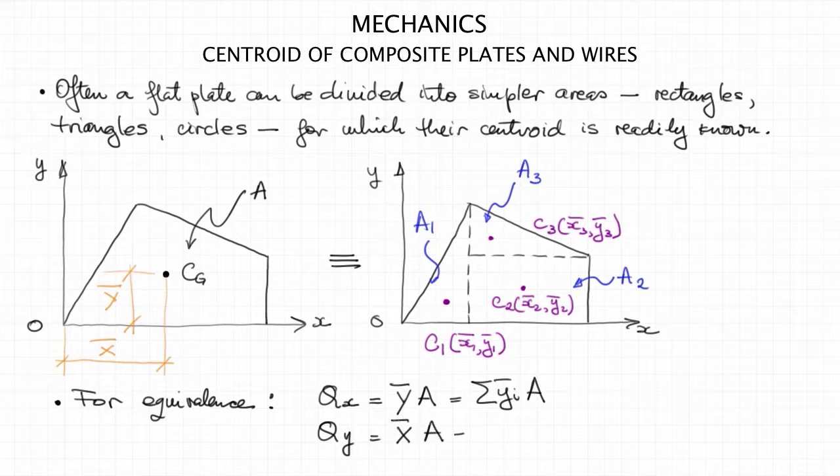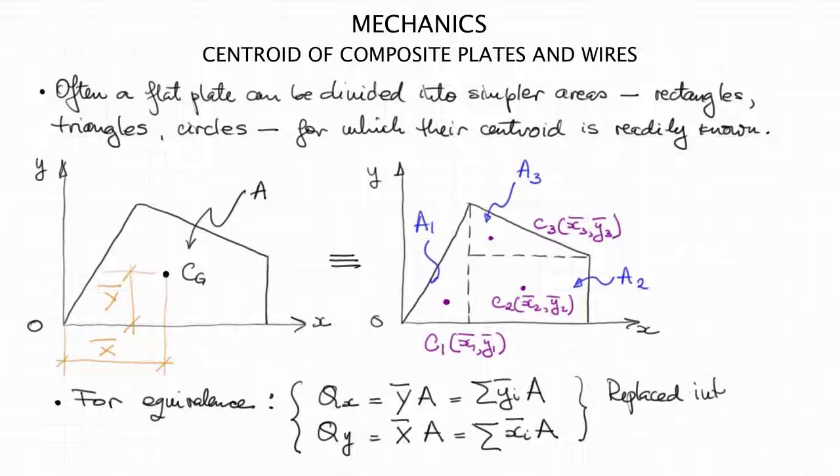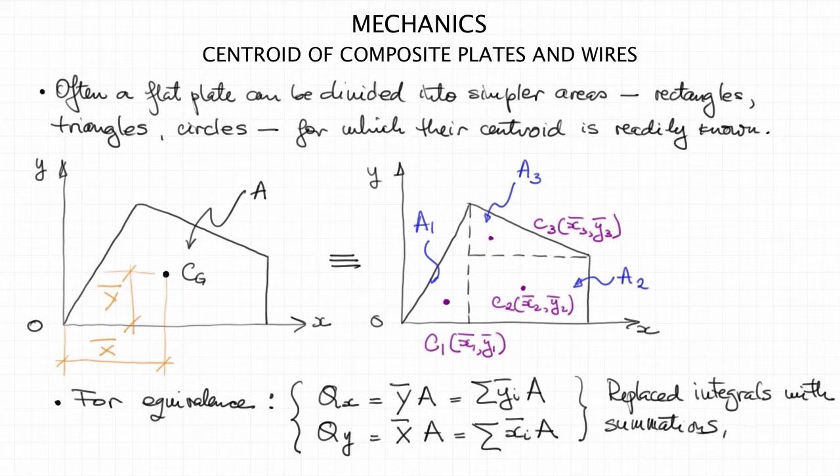So the first moment of area about the x-axis will be equal to Y bar A, the sum of yi bar times Ai, and the first moment of area about the y-axis will be equal to X bar A, the summation of xi bar times Ai. As you can see, much simpler, because now we replace the integrals we had to deal with before for general areas with simple summation of numbers. Much simpler and straightforward.